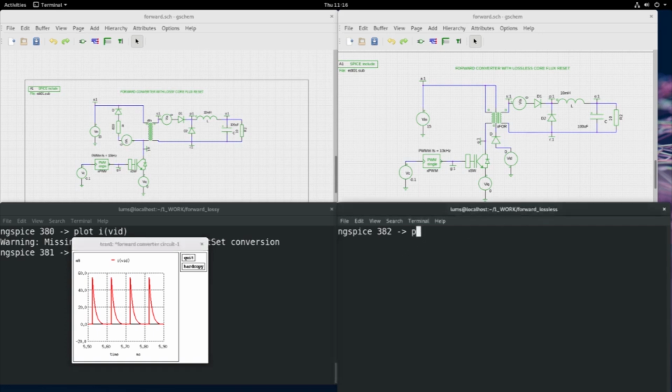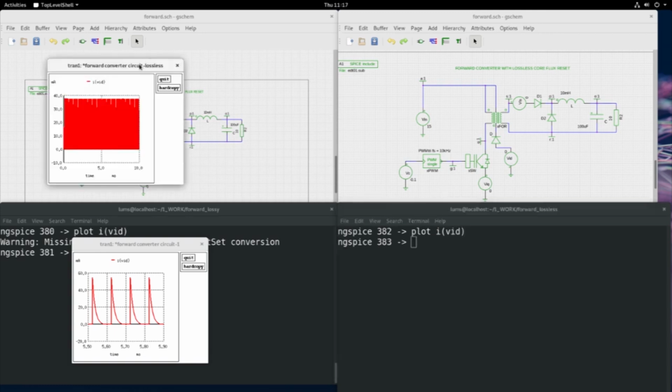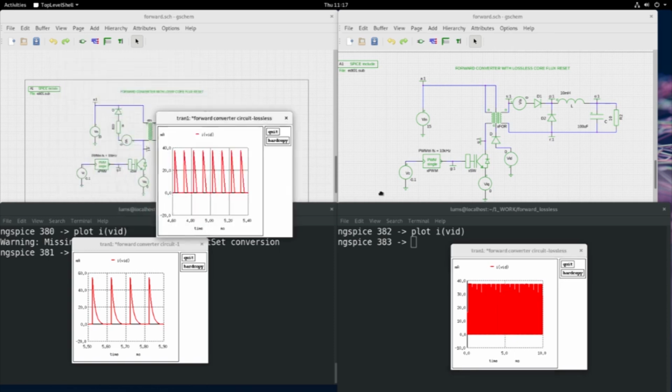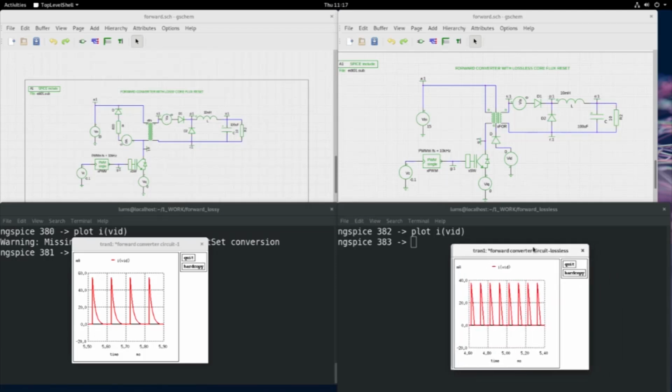Likewise, if you plot IVID for the lossless converter, I will zoom in to only a few cycles. Yes.